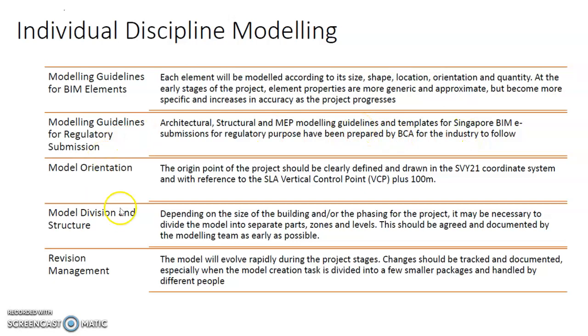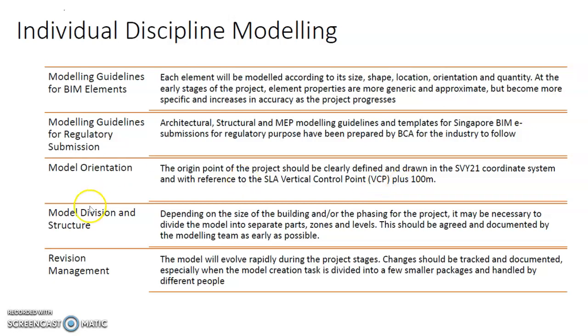In terms of the model orientation, the origin point of the project should be clearly defined and drawn, and we are using the SVY21 coordinate system. And we are also using the LTA's vertical control point, which we call the VCP plus 100 meters.